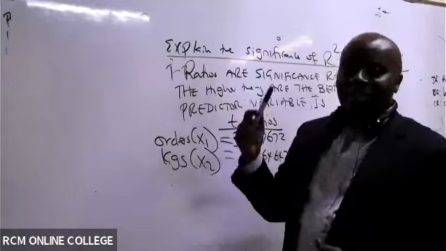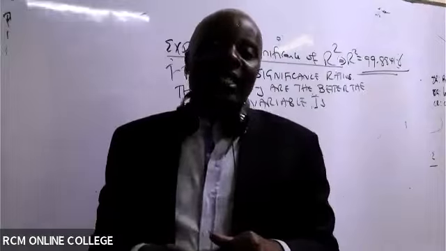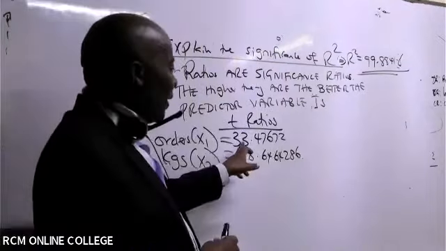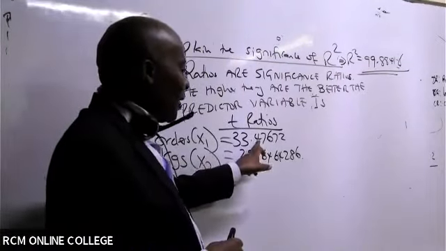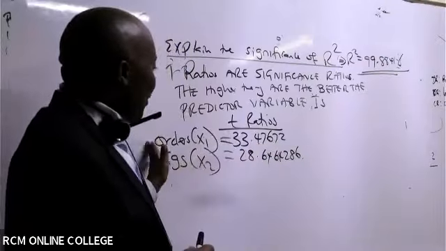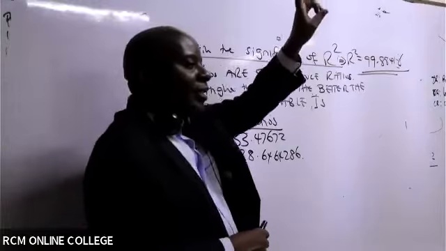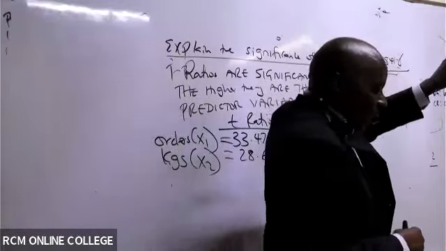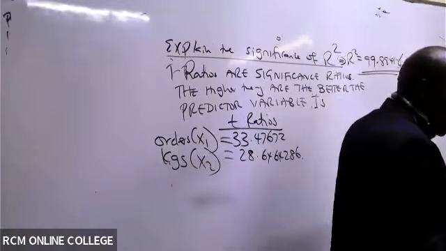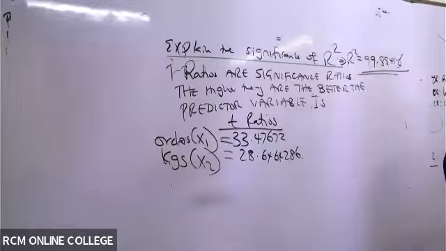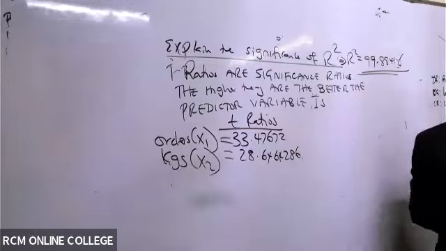Remember, the higher the T ratio, the more significant. So the higher one is 33, and therefore, number of orders is more significant.